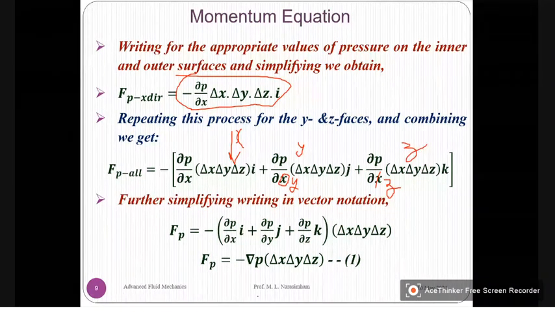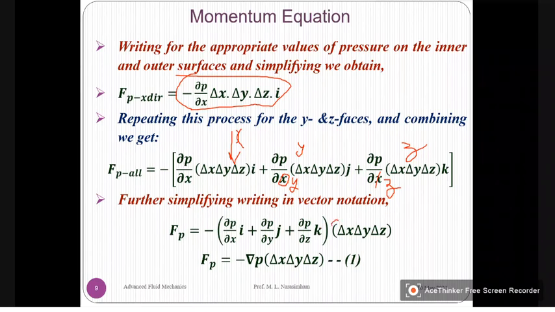So what I can write is Fp is equal to minus dou p by dou x i, dou p by dou y j, dou p by dou z k, into delta x, delta y, delta z. These are constant, so I can bring them out.